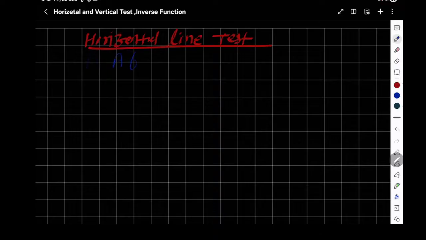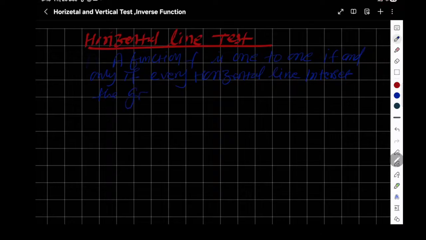A function f is one to one if and only if every horizontal line intersects the graph of f at most one point.